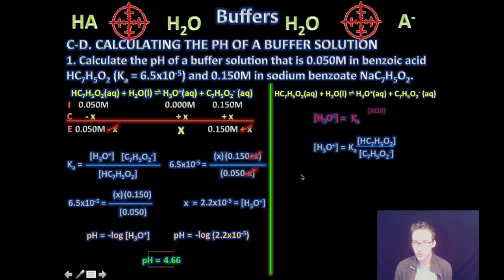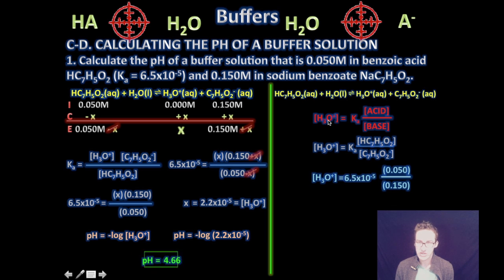And for any equation, then you come up with this general expression where the hydronium ion concentration is equal to your Ka times the ratio of the concentration of your weak acid to the conjugate base. So again, this works out because we make that X is small approximation.